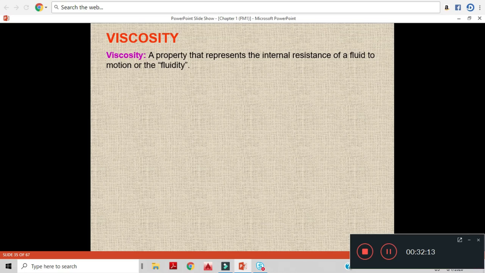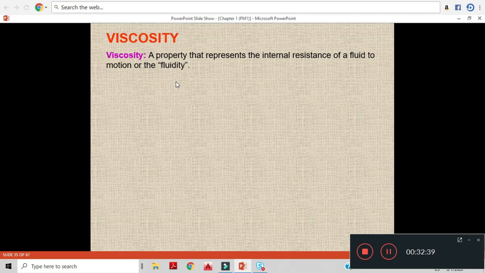Viscosity. This is a very important property of the fluid. You have to understand it very clearly because it will be utilized throughout this course, because viscous flow depends on this property and the boundary layer theory also depends on this property.